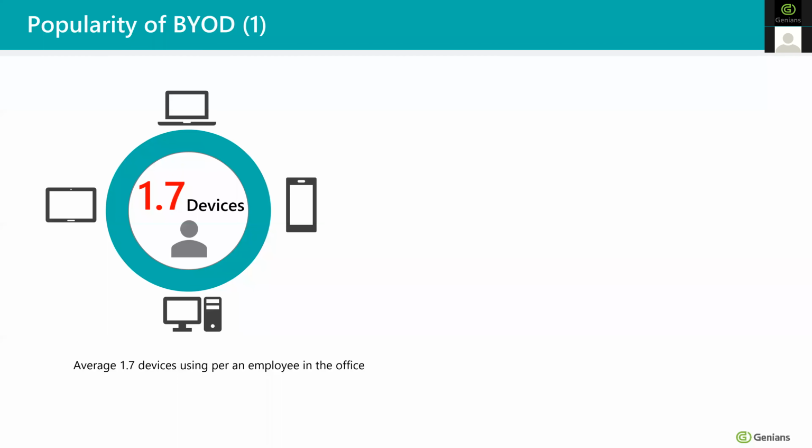Okay, let's first look into our business IT environment. I wanted to highlight the BYOD that we are facing every day. According to the record, an employee in a company is using an average of 1.7 devices, and these devices are a mix of official and personal devices.